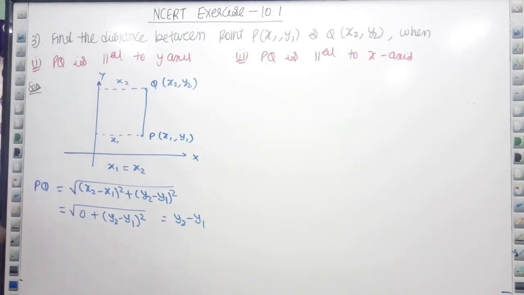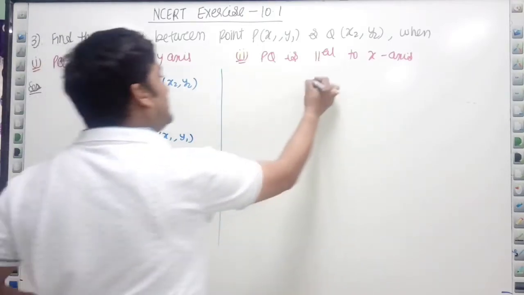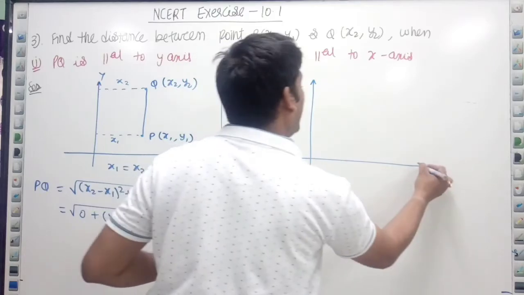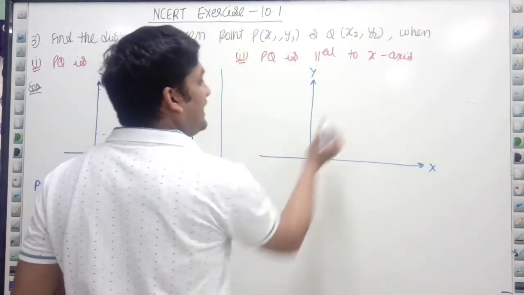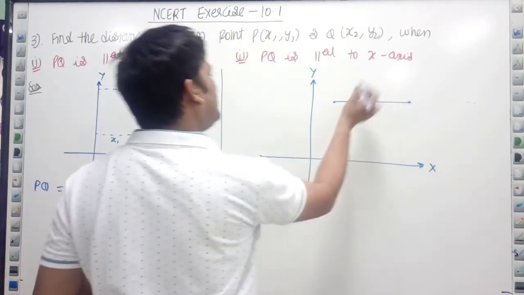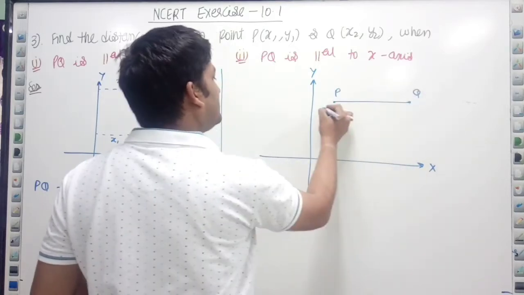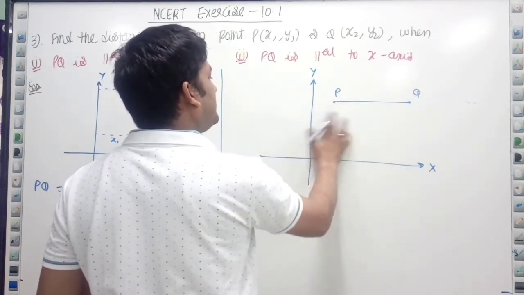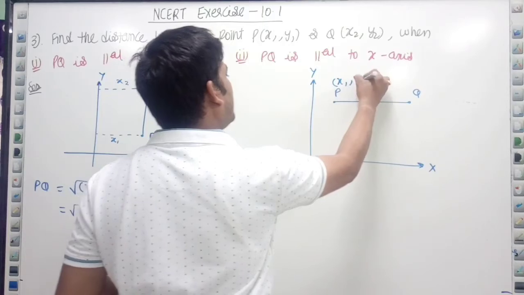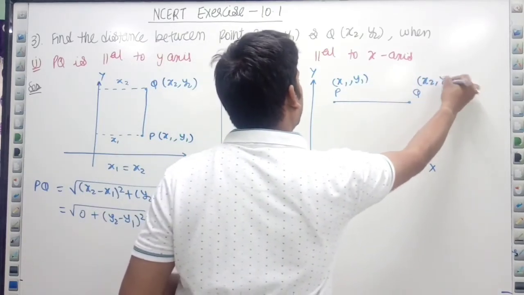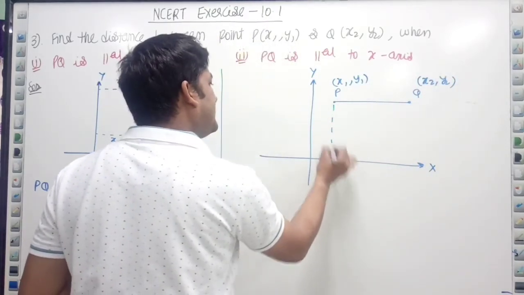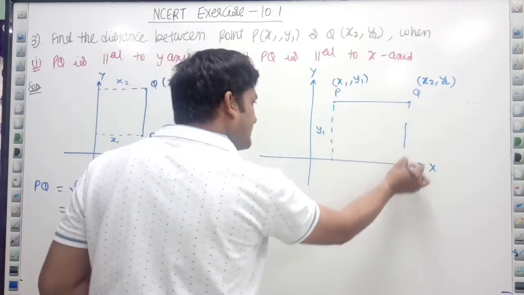y2 minus y1. Now here PQ is parallel to the x-axis, है ना? x-axis के parallel है. कहीं पे भी होगा, I have drawn it randomly. This point P is x1, y1. This is x2, y2. Now you see this length is y1, this length is y2.